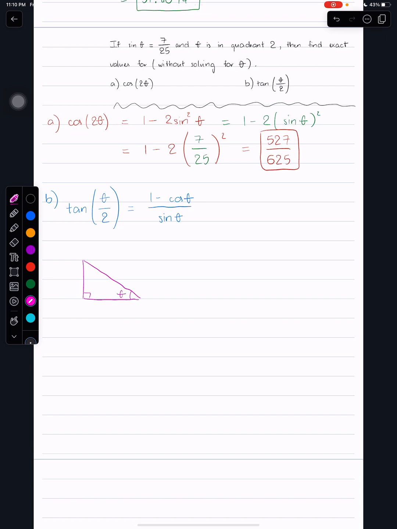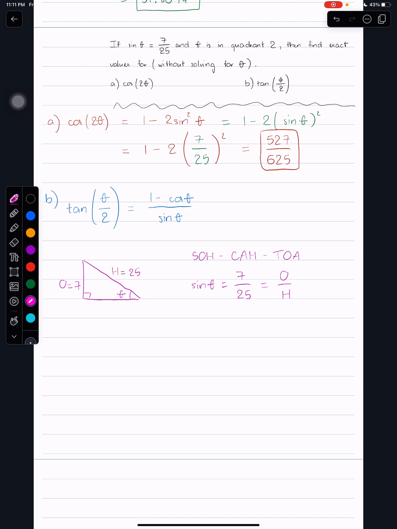Identify your angle theta, and then by the definition of SOHCAHTOA, sine of theta equals 7 over 25, given from the problem. And by the definition, sine equals opposite divided by hypotenuse. So from this definition, the side opposite to the angle would be 7, and the hypotenuse would be 25.